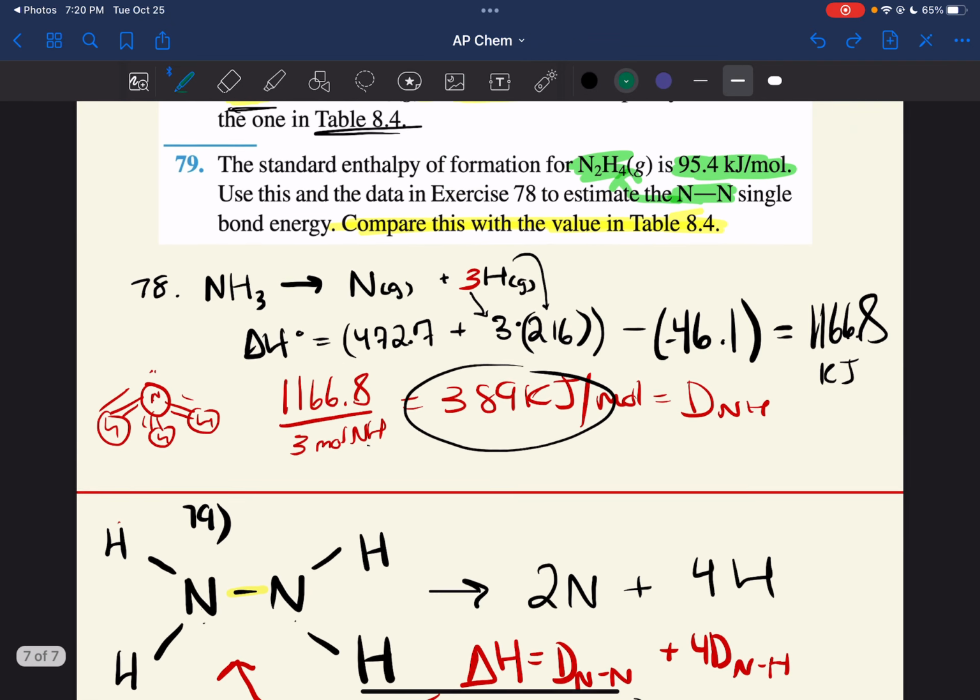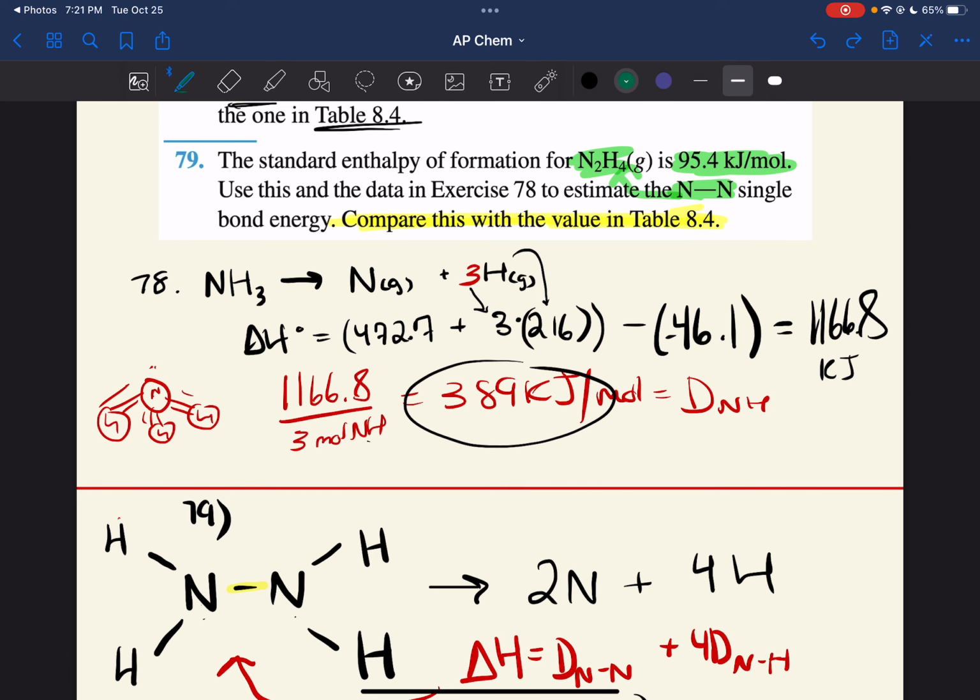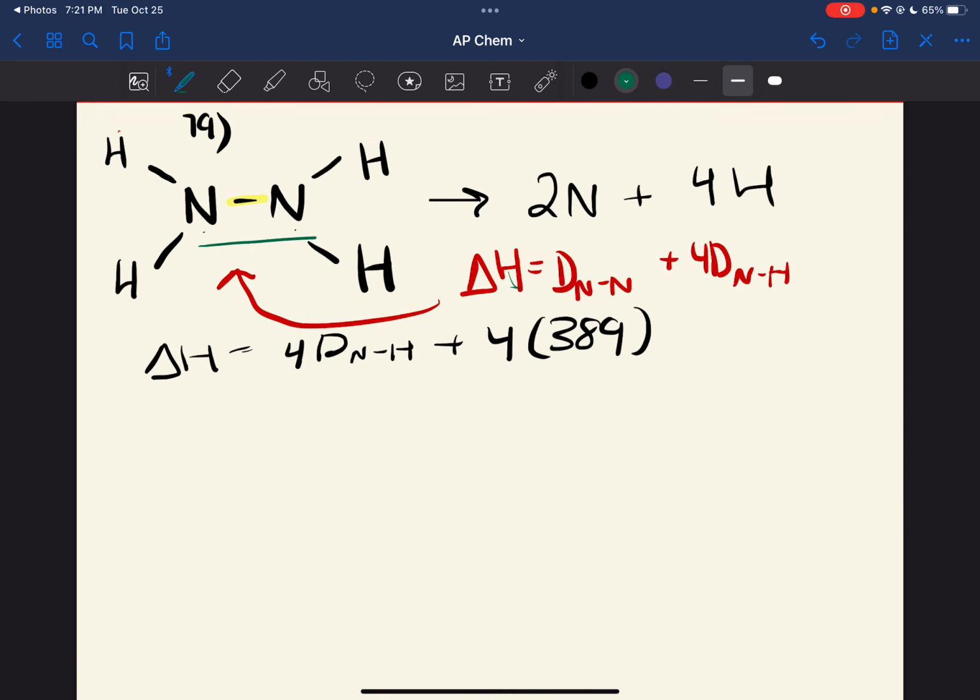So now they're telling you to estimate the N-N single bond value, so you're solving for this.